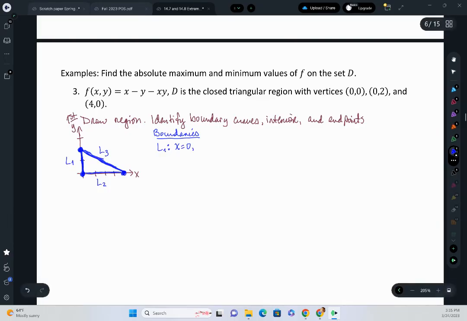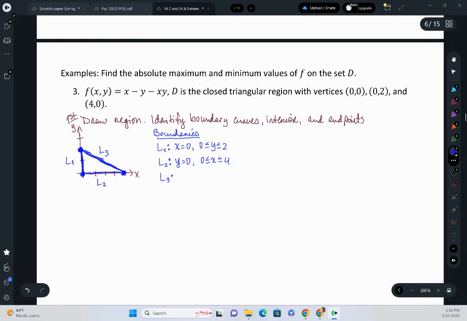It is bounded by y values from 0 to 2 on L1. L2 is defined by a line that goes through the x-axis, that would be y equals 0, but only for the x values between 0 and 4.